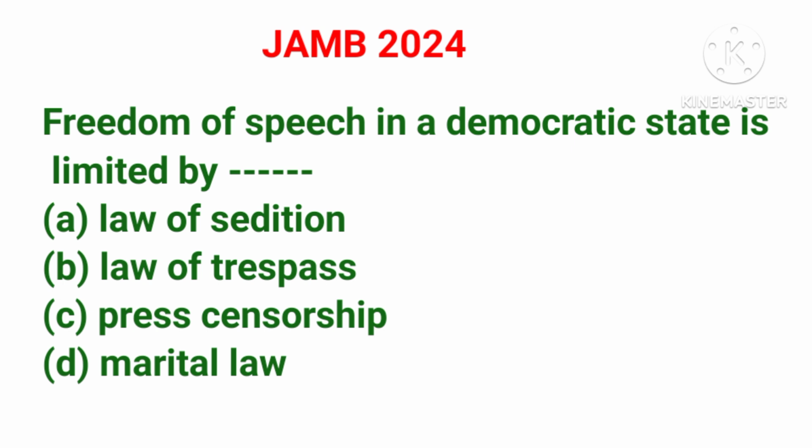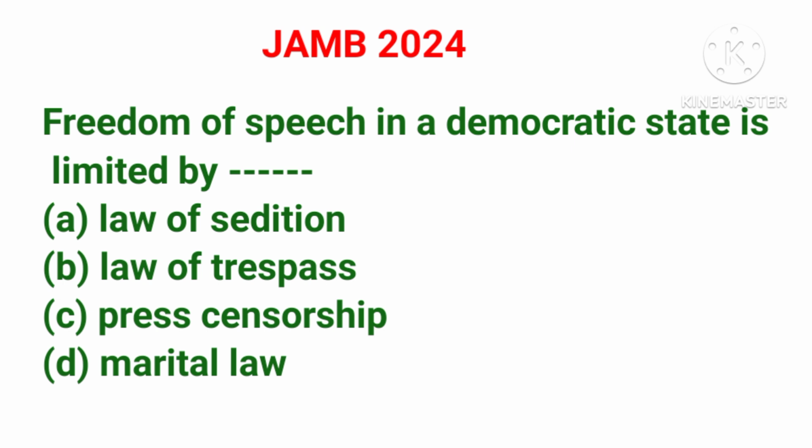Now, press censorship is not the correct answer. Press censorship has to do with putting limitations on what the press says. Now this is where the difference is. Press censorship focuses on the press. Law of sedition focuses on the citizens, not necessarily the press.